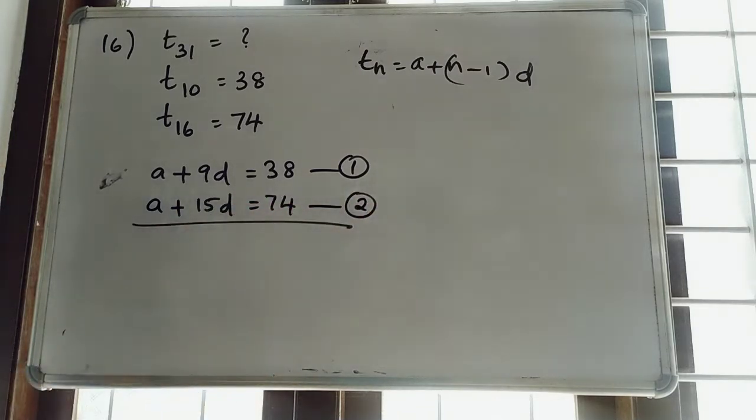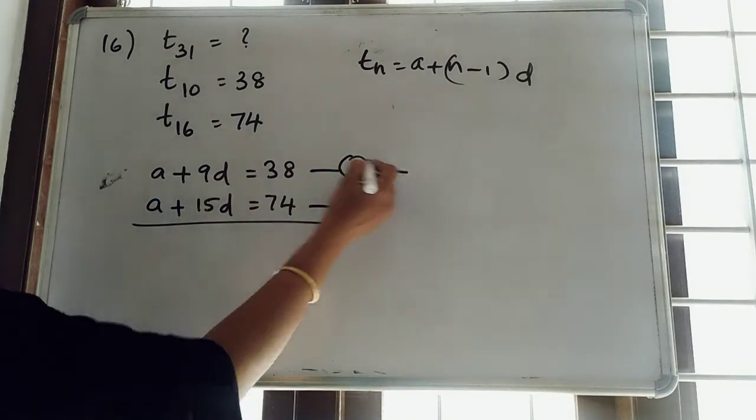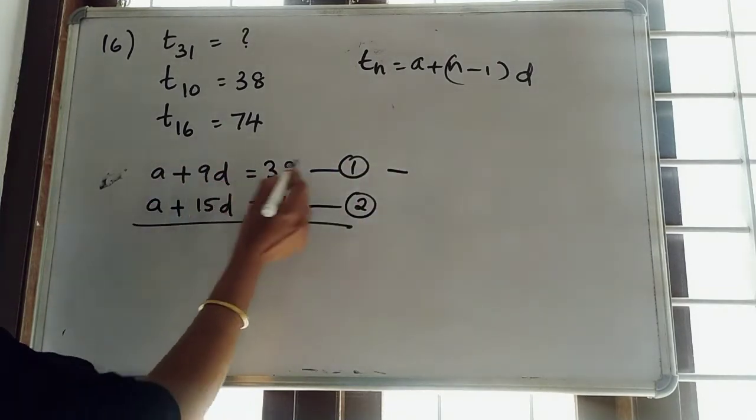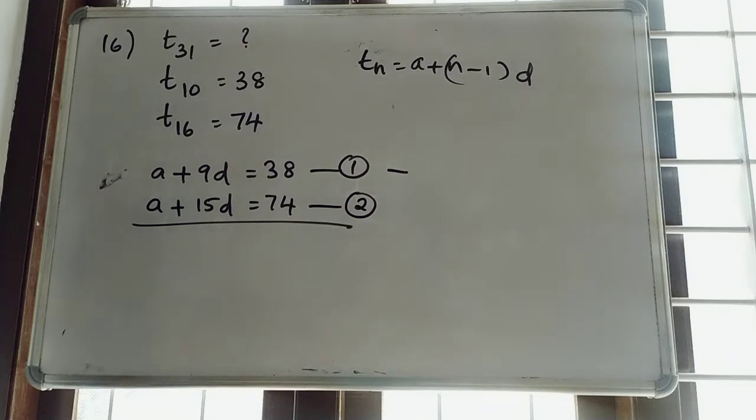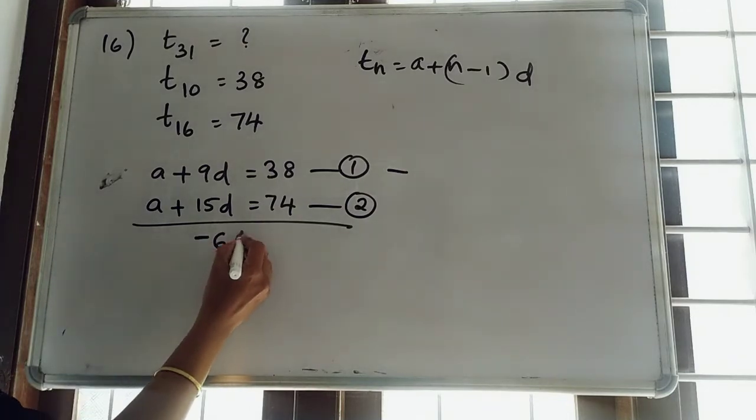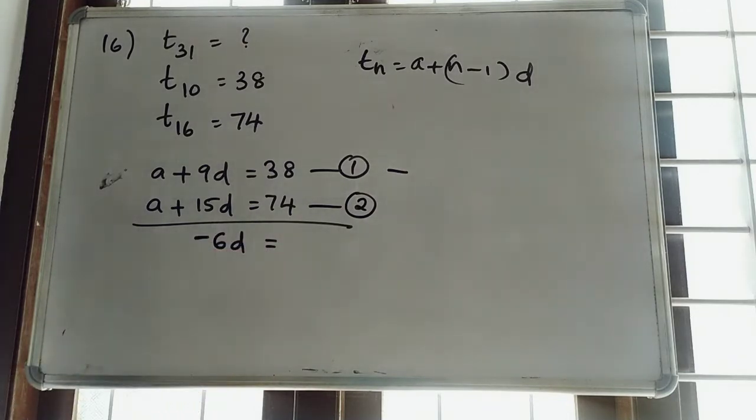Solving 1 and 2, subtracting. So A minus A will be 0. 9D minus 15D is negative 6D, equal to 38 minus 74.